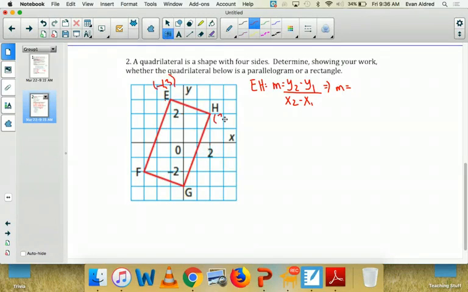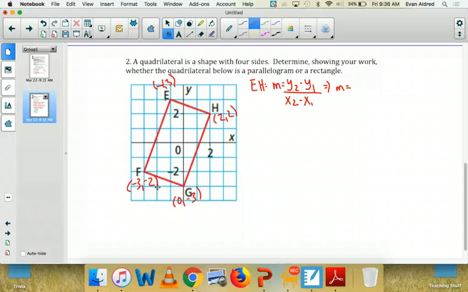H is at 2, comma 2. G is at 0, comma negative 3. And F is at negative 3, comma negative 2. So you have to be able to pull appropriate coordinates out if you want to be able to do these questions. And we've done that.